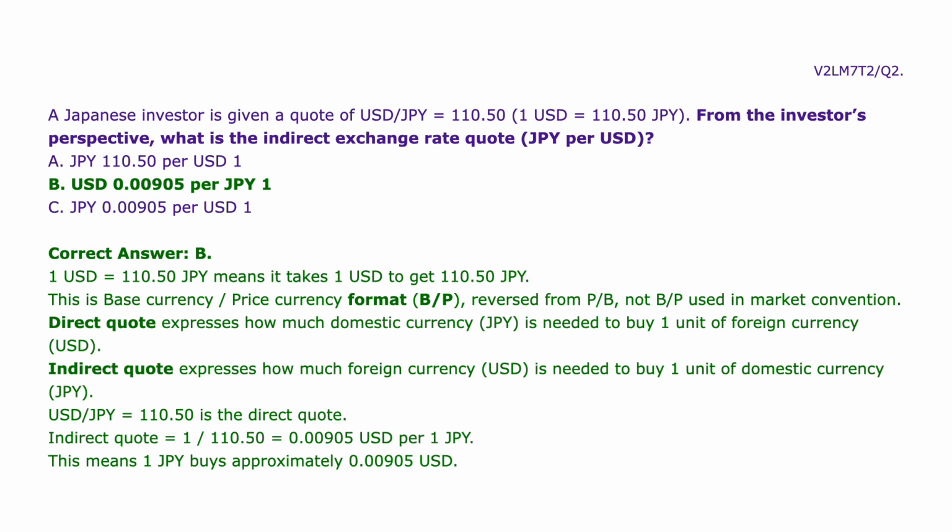This is the price currency/base currency format, P/B, reversed from B/P, which is used in market convention. A direct quote expresses how much domestic currency, JPY, is needed to buy 1 unit of foreign currency, USD. An indirect quote expresses how much foreign currency, USD, is needed to buy 1 unit of domestic currency, JPY.